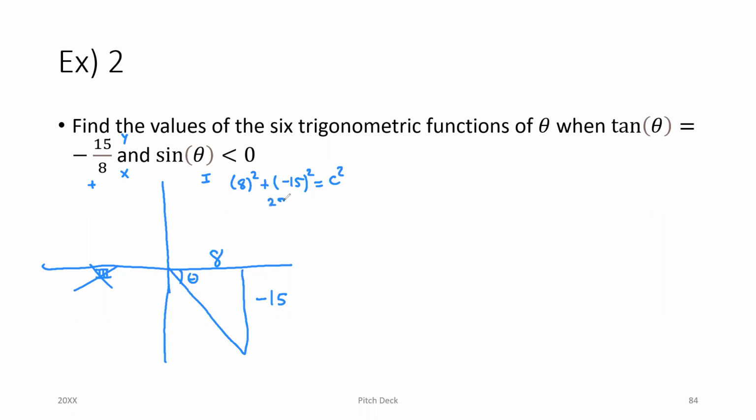That is 289 equals c squared. Take the square root. C is 17. Good. No radicals.